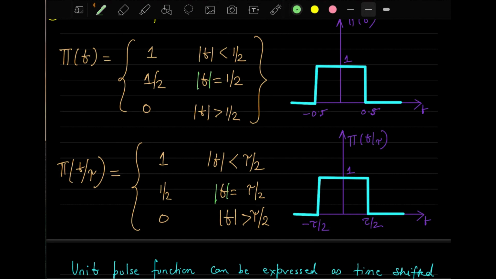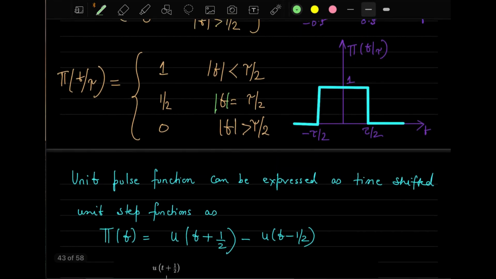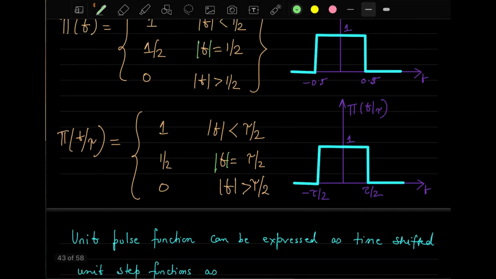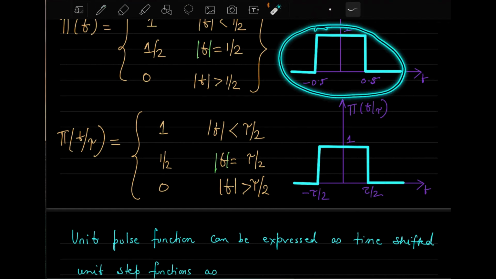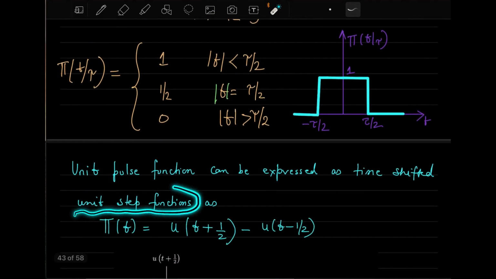So this is a generalized expression for pulse functions. Now, the important thing is that the unit pulse function can also be expressed as time shifted unit steps. Observe why we were calling it a basic building block. This particular pulse can be used as a basic building block, but again it can be boiled down to the fundamental basic building block, which is the unit step.